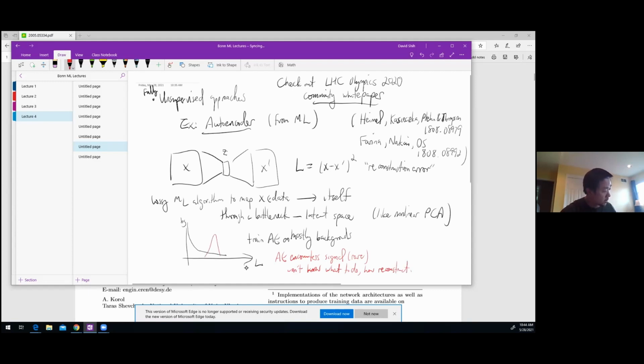So for the signals, it'll produce a much larger reconstruction error. Then we could use a cut on the reconstruction error to define the anomaly score: L greater than L_C is an anomaly threshold. So that's the basic idea of the autoencoder for anomaly detection. Any questions about that?